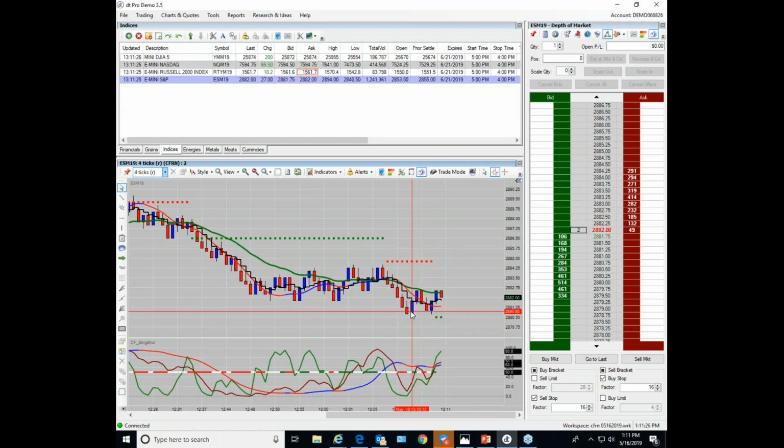Whatever the current high or low is, if we're staring at this bar here and the low is 2880.75, all you have to do is add 5 ticks to it, and that is the number you click on.